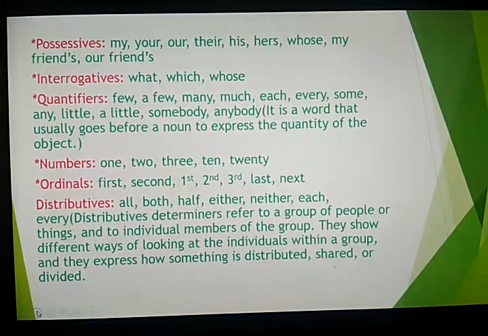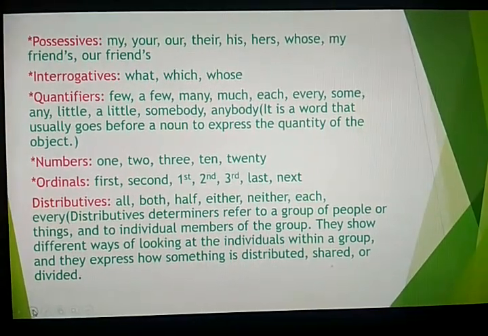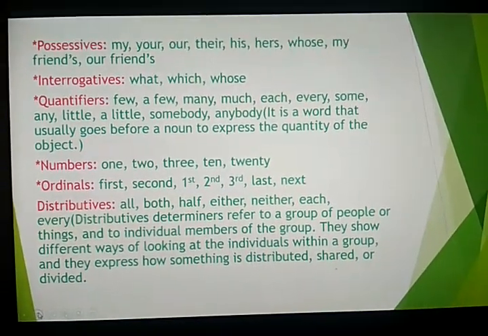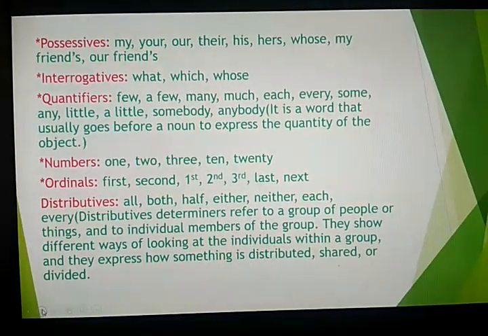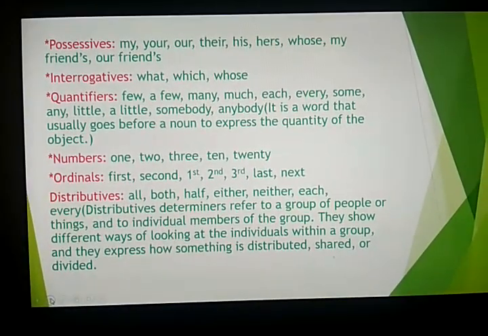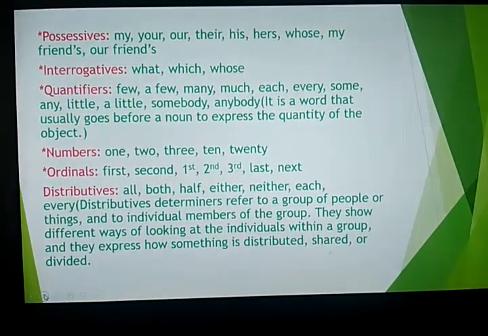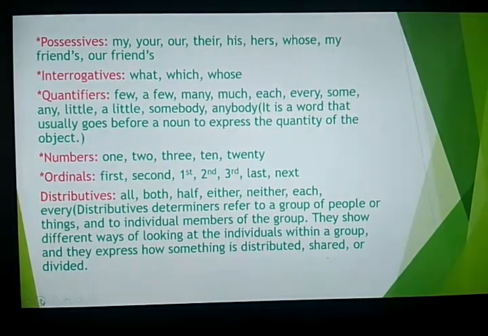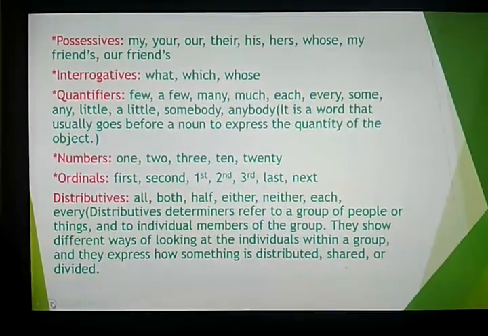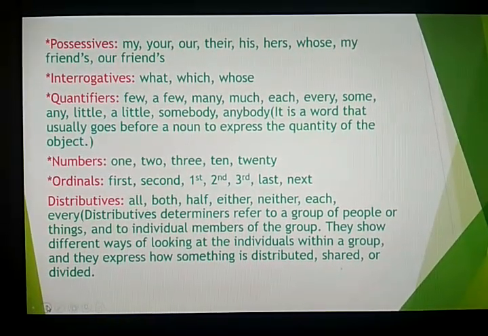Distributive determiners refer to a group of people or things and to individual members of the group. They show different ways of looking at the individuals within a group, and they express how something is distributed, shared, or divided. So these are the distributive determiners: all, both, half, either, neither, each, and every.